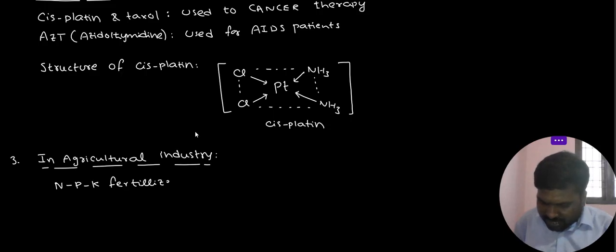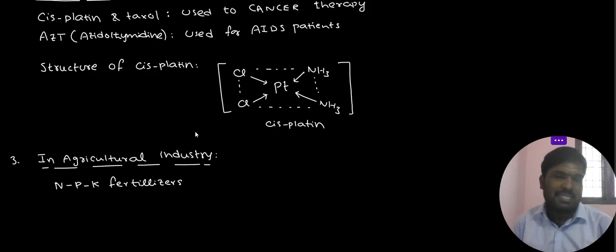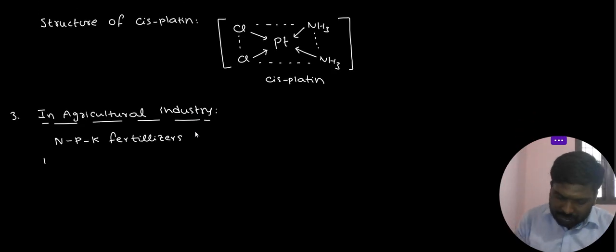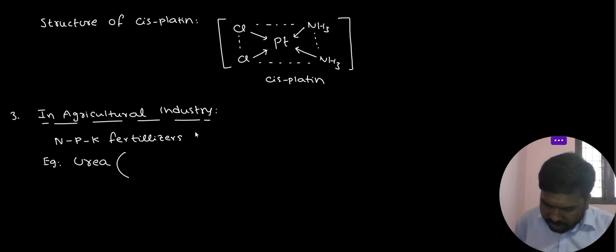N means nitrogen, P means phosphorus, K means potassium. So nitrogen, potassium, phosphorus, relevant chemicals are used as fertilizers. These are used to grow the plants and give good productivity. Best example, urea, and its chemical formula is NH2, C double bond O, NH2.